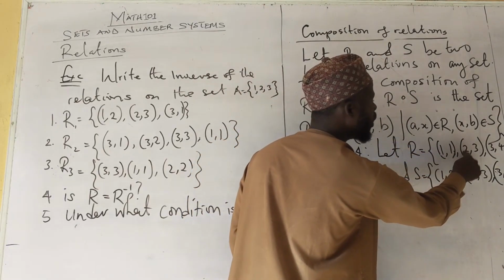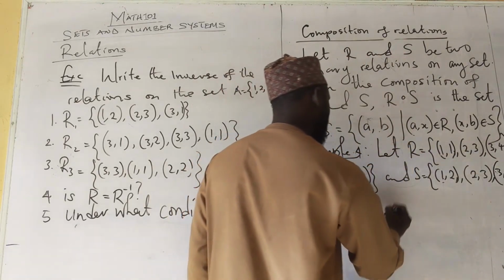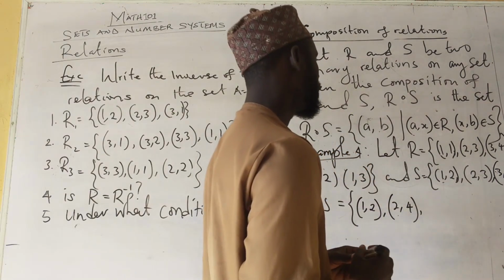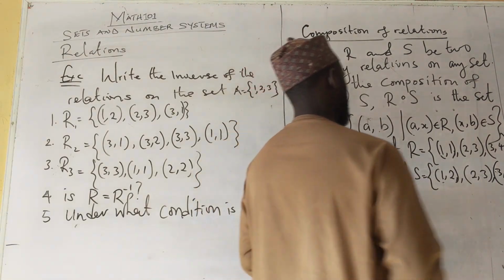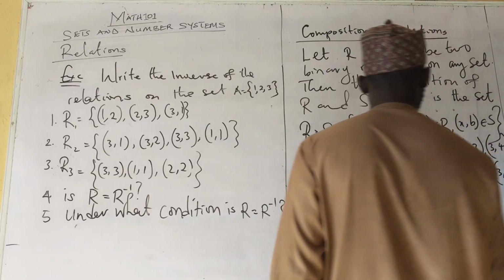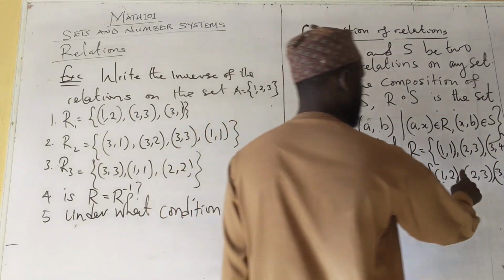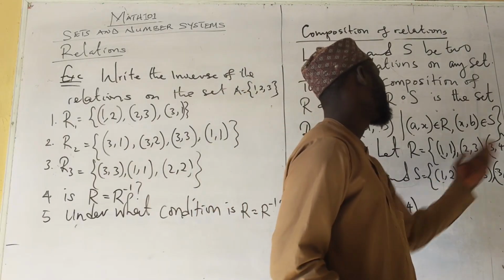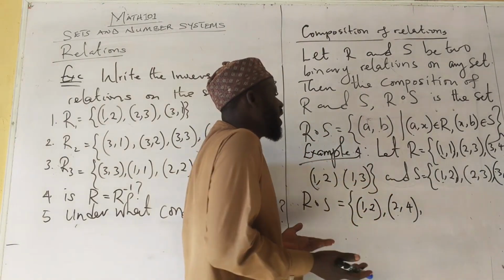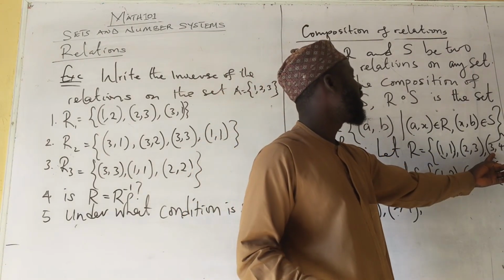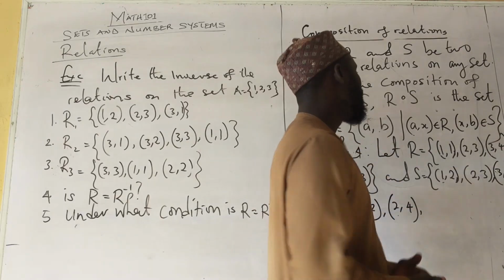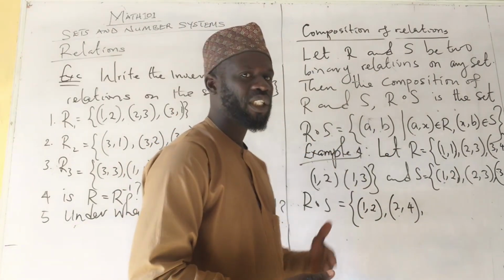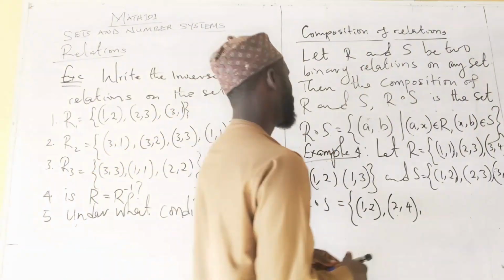So we have 2 related to 4. And we have 3 related to 4, but 4 is not related to anything, and so the relation 3 related to 4 does not have a pair in this composition, and so it is lost.